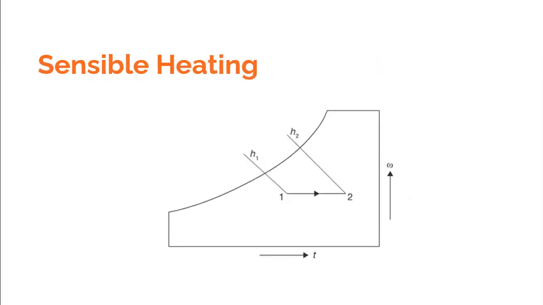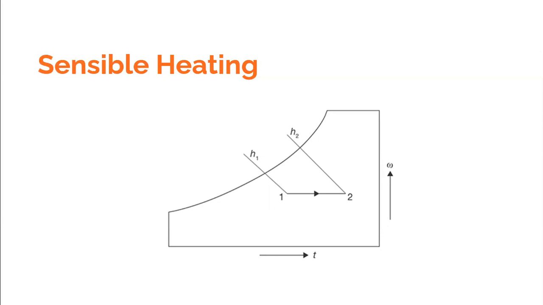So this is the appropriate diagram where we see that the temperature is increasing and the specific humidity remains constant. So sensible cooling and sensible heating are denoted by horizontal lines on the psychrometric chart with the arrows indicating whether it is a sensible heating or sensible cooling.